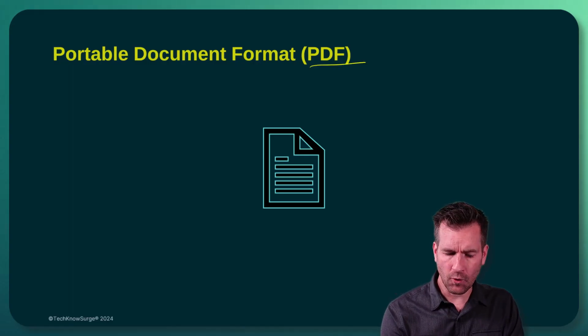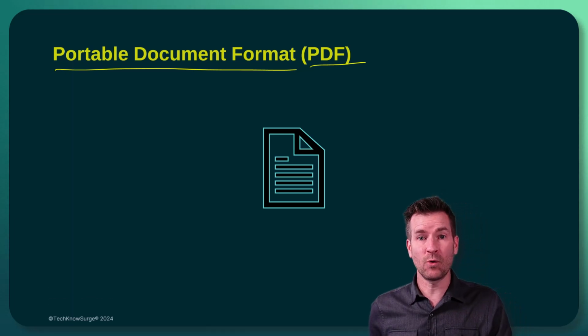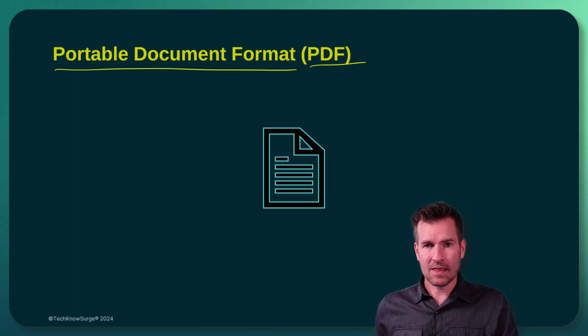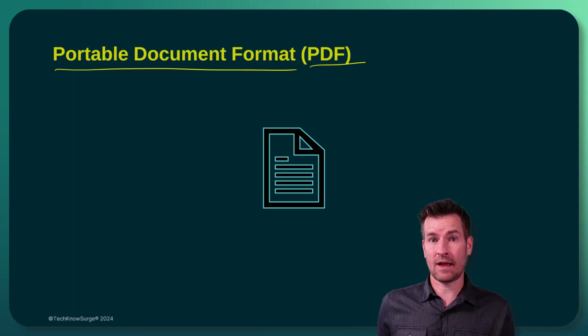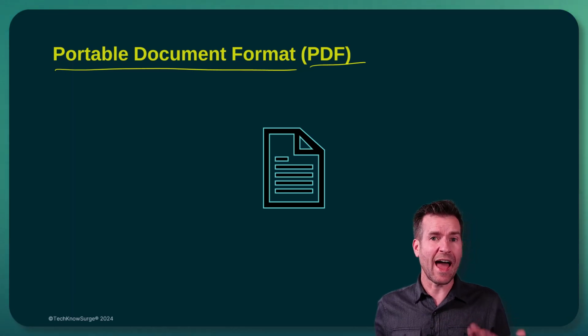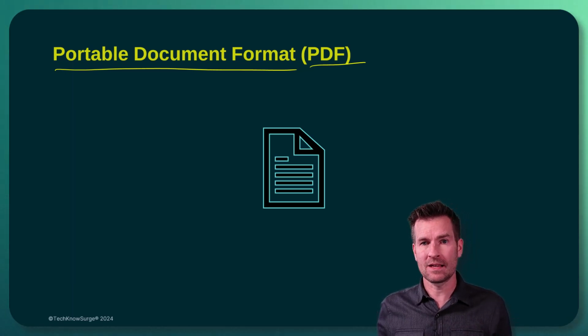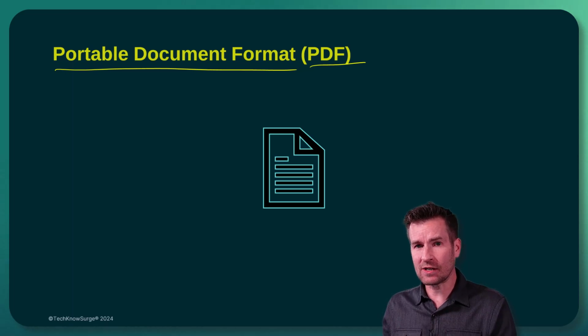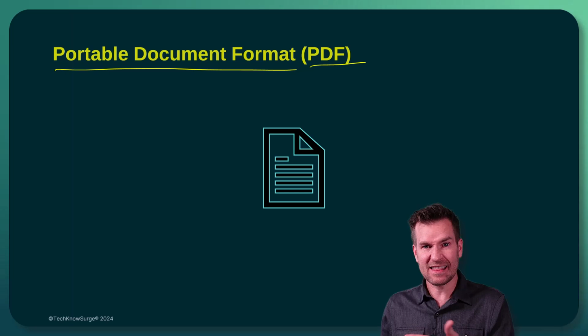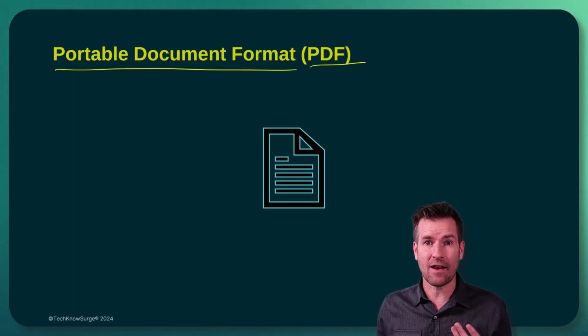A PDF, or portable document format, has been around for a long time. The problem is when you have a Microsoft Word document, only those who have Microsoft Word can open it. Same thing, if you have a certain application that's designed to edit a document, a lot of times other applications can't open it.